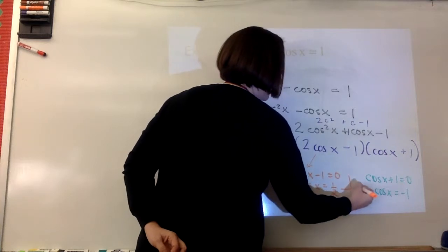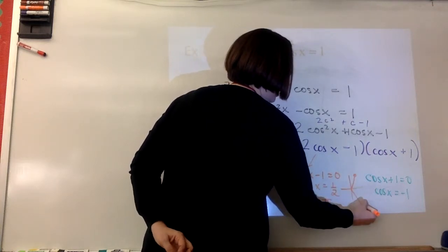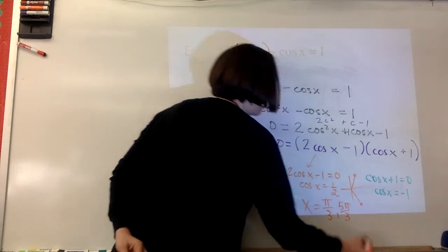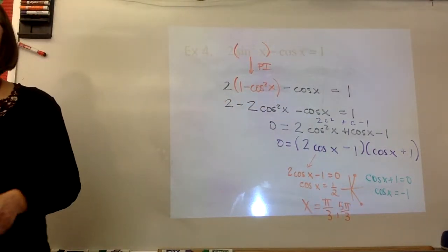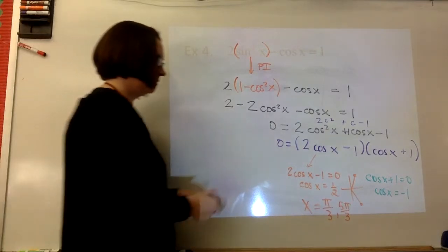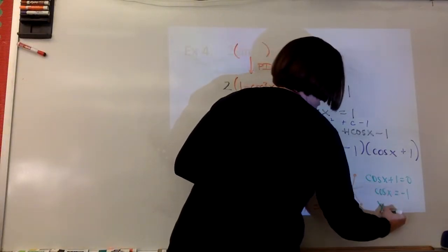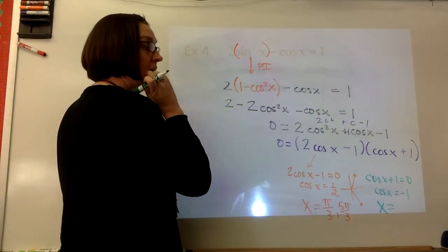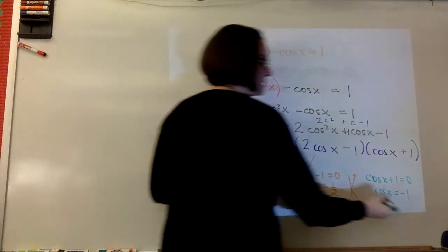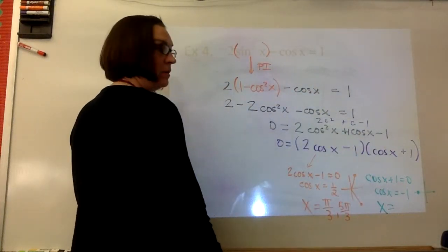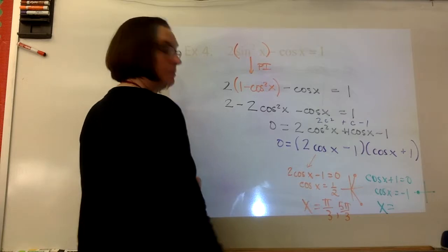I've got 2 of them, right? I've got this one up here and I've got this one down here. 5 pi over 3. And now tell me where cosine is negative 1. Where is x negative 1? X is negative 1 here. Where's that value in radians? Pi.